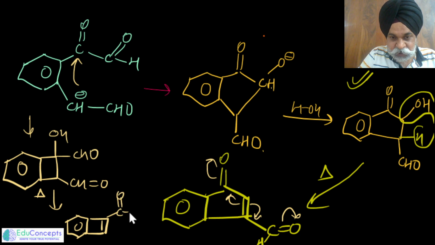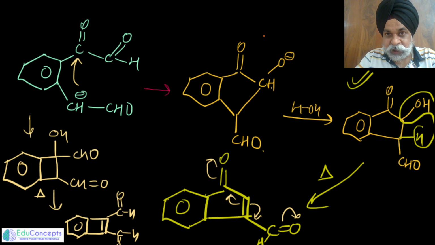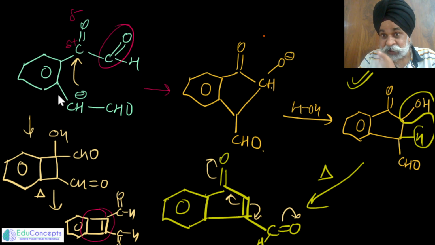This again is a good one, but it has a 4-membered ring, and there is an anti-aromatic character coming here, which in a way tells me not to go this way. And the carbonyl carbon of this carbon has less positive charge as compared to this one. So many things are being discussed and channelized here. So this is the way it is to be interpreted.